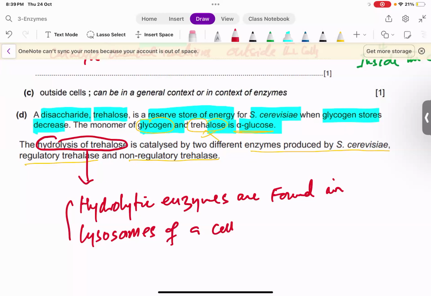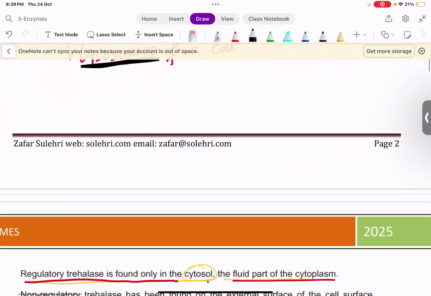And that's why the lysosomes are involved in phagocytosis and removal of the damaged or dead cell organelles, and even autolysis or the removal of the dead cells from the body. So these are the lysosomes, cell organelles which contain hydrolytic enzymes in them. So hydrolysis takes place in these lysosomes that we have discussed in cell structure.